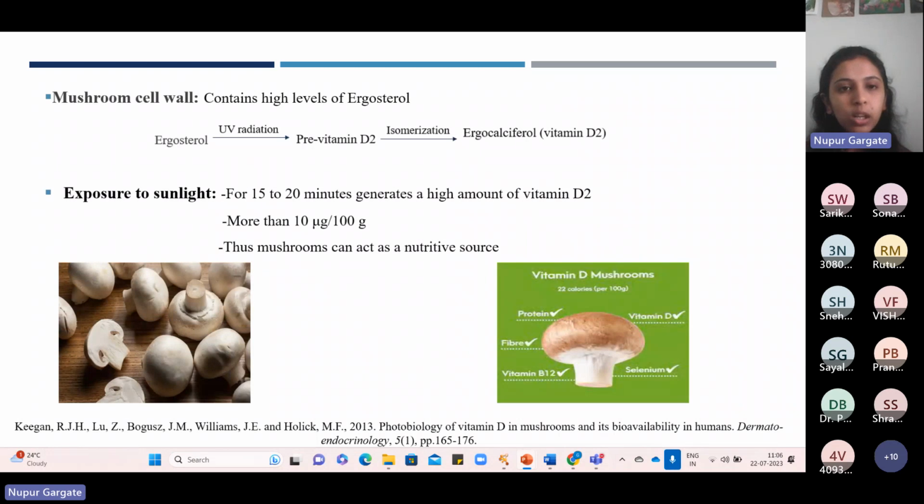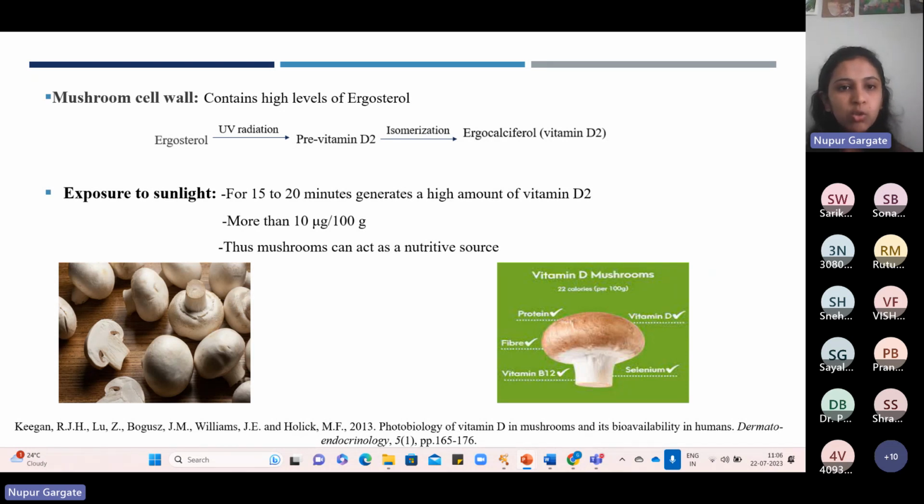So mushroom cell wall contains high levels of ergosterol. When this ergosterol is exposed to UV radiation, it results in the formation of pre-vitamin D2, which upon isomerization forms ergocalciferol, which is also called vitamin D2. So basically, when the cell wall of mushroom is exposed for around 15 to 20 minutes, a high amount of vitamin D2 is generated in it, more than 10 microgram per 100 gram, and thus mushrooms can act as a nutritive source.